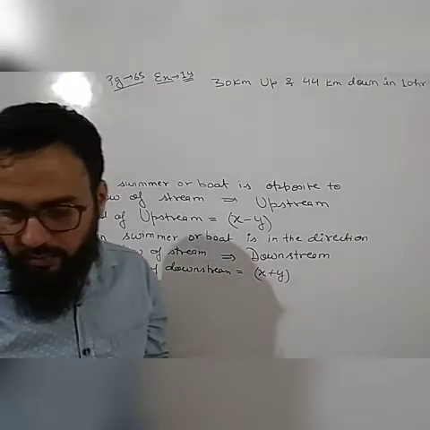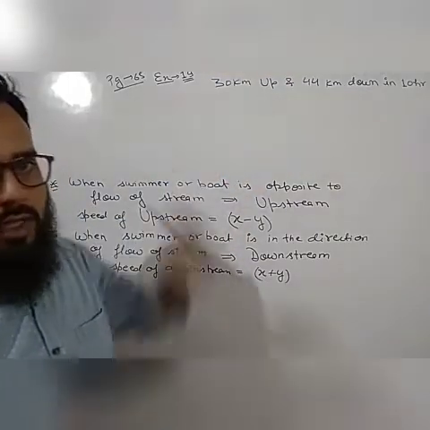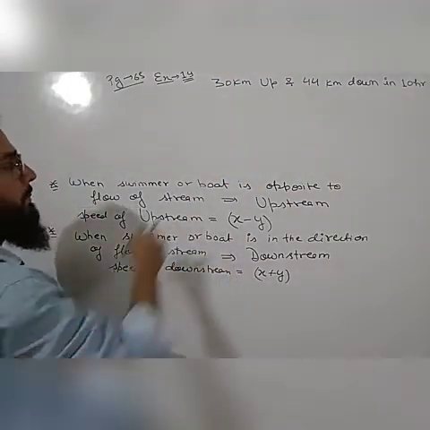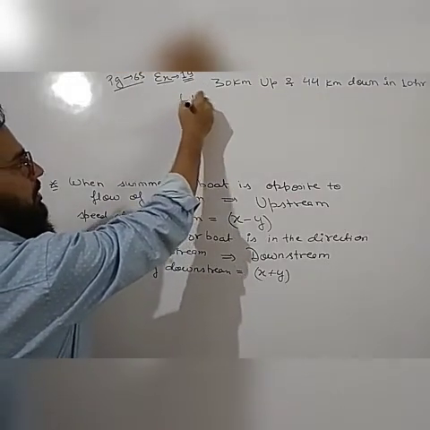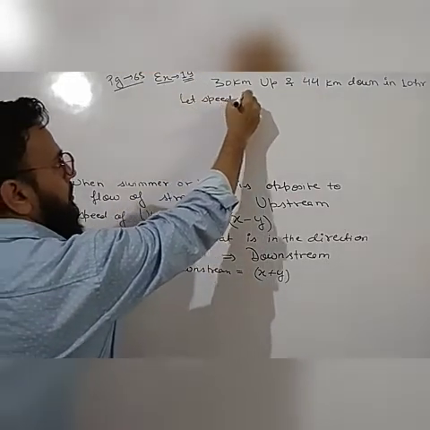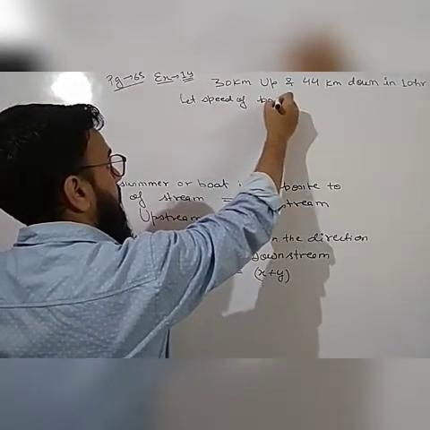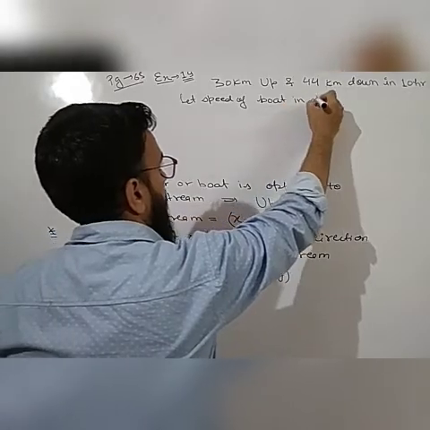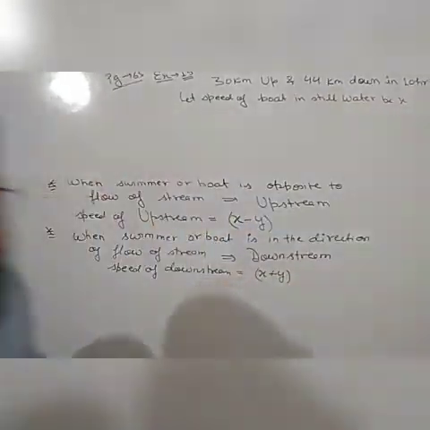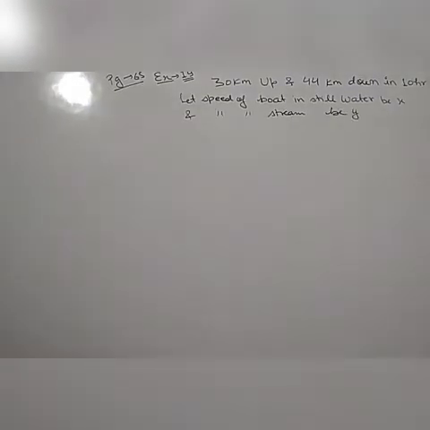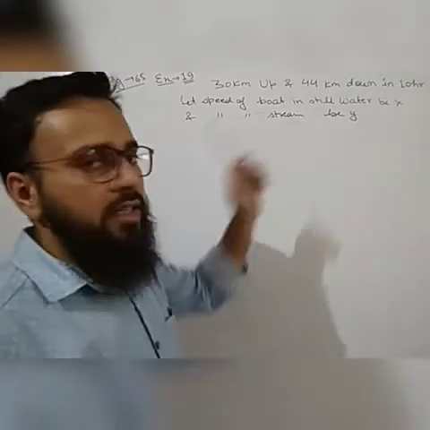So we have to form an equation from this. Let the speed of the boat in still water be x and the speed of the stream be y.